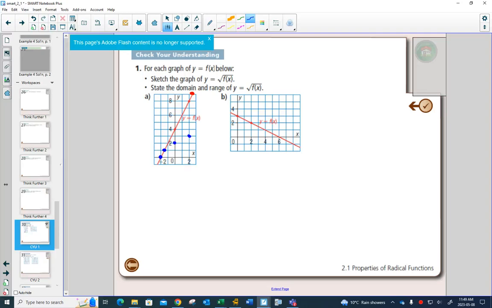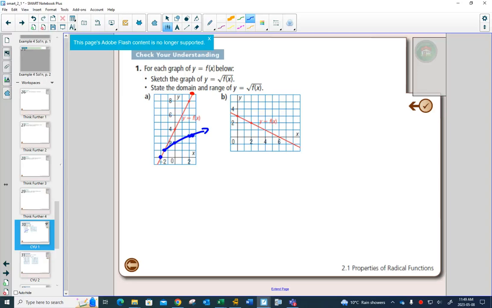Then it's pretty obvious that this part is the part that's going to be below. It's pretty obvious that that part is going to be below, and that's true. Anytime you square root a big number, you're going to get a smaller number.